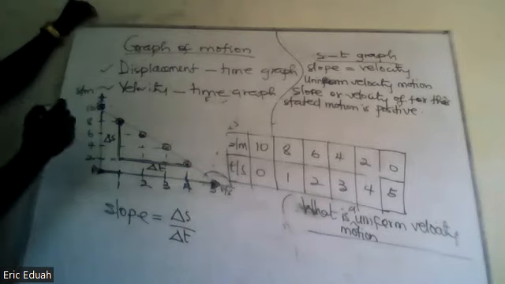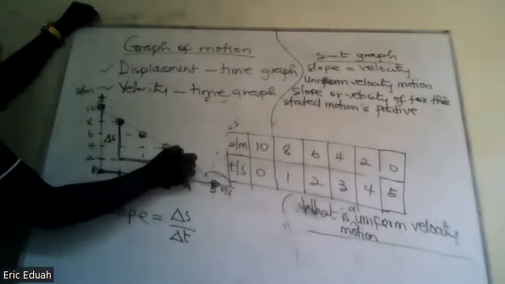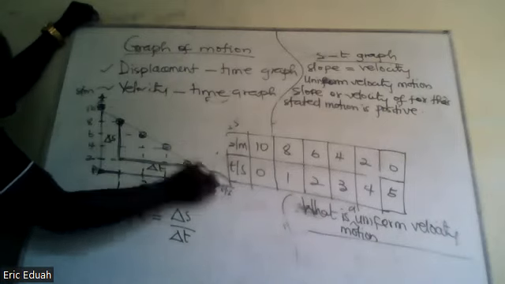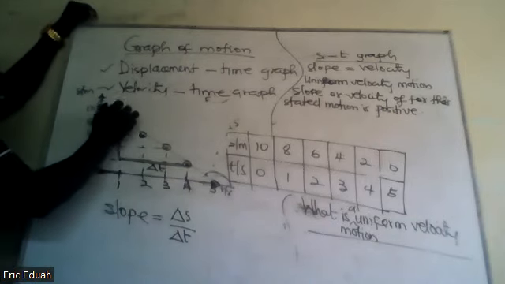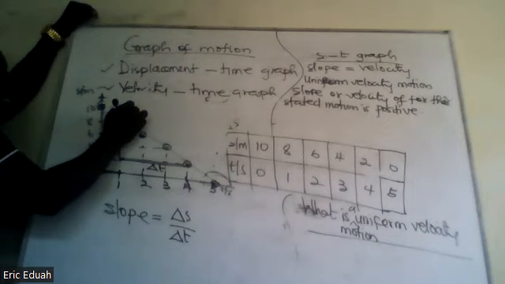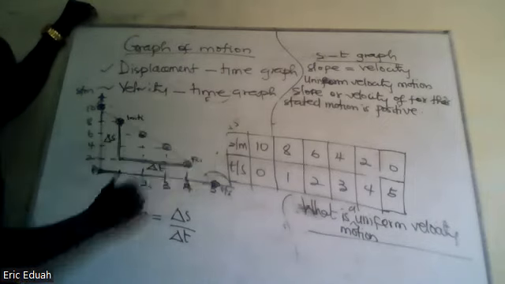So for the distance, this is the initial. Then it reduced progressively to rest, but I have chosen this and this. So this is the initial displacement. This is the final displacement.